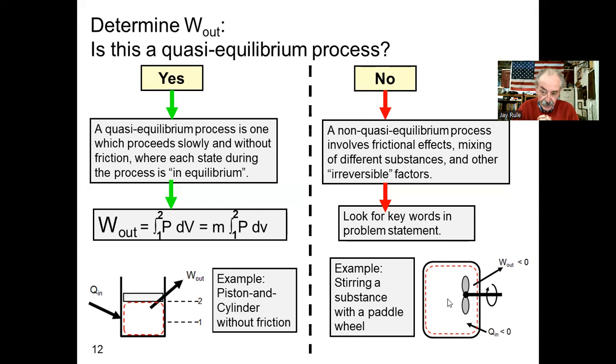Friction is the way the paddle wheel is doing work on the system. So this is a good example of a non-quasi-equilibrium process.